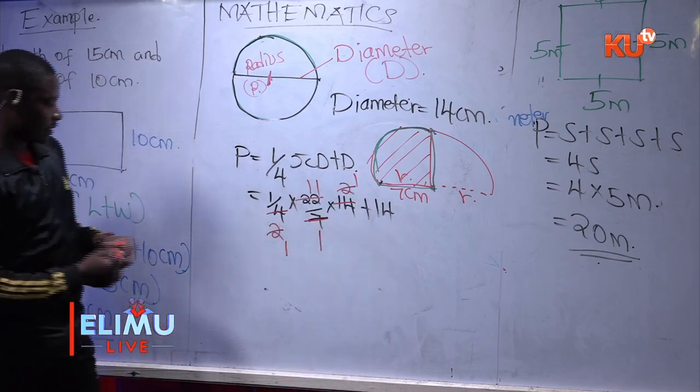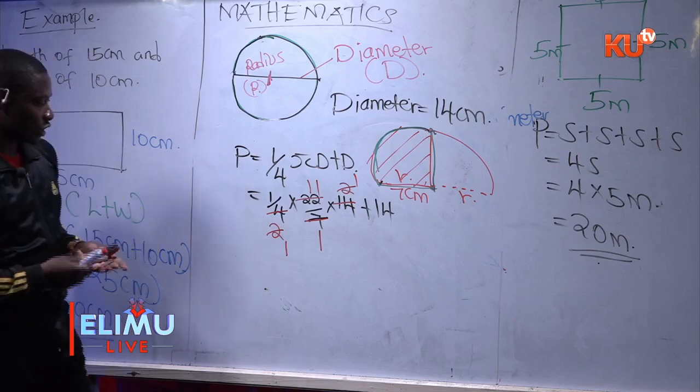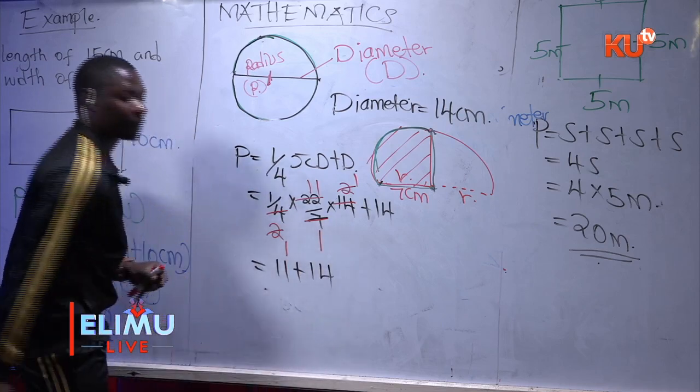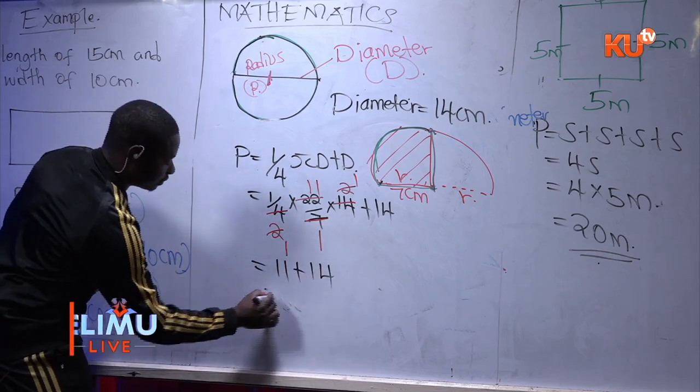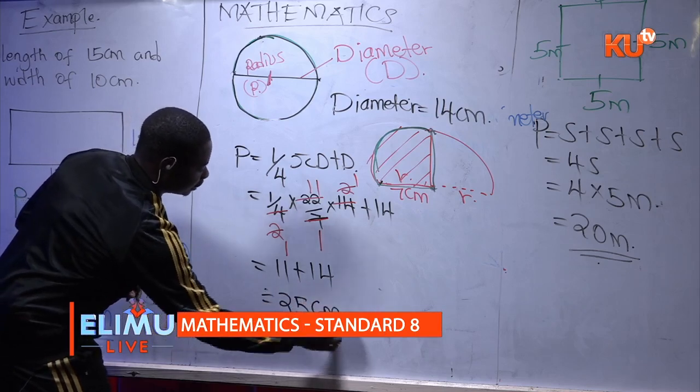So when I take this 11 times 1 times 1, I get 11. So I take 11 plus 14. So 11 plus 14, I have my answer as 25 centimeters.